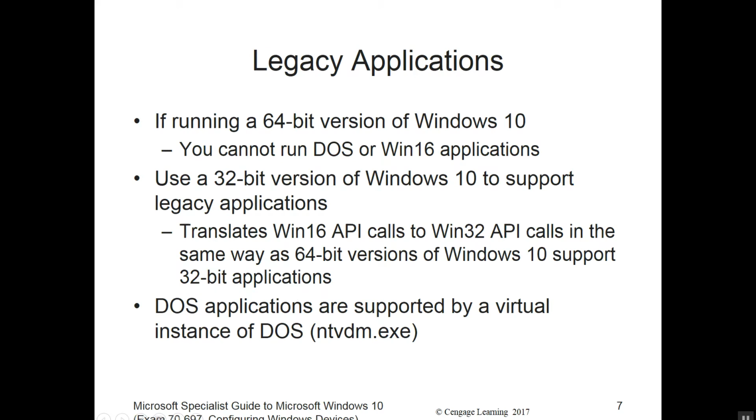If you're running a 64-bit version of Windows, you cannot run DOS or Win16 applications. They're not compatible with the 64-bit OS. You've got to use a 32-bit version of Win10 to support those older applications. It's because of that API. DOS applications are supported by a virtual instance of DOS. We have that.